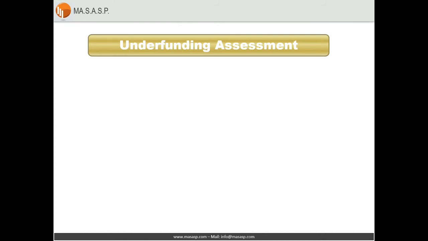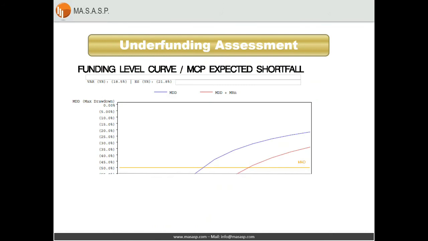Let's recap. Thanks to the Monte Carlo simulation and by means of the expected shortfall, we get a worst-case estimate of the drawdown that we might incur.